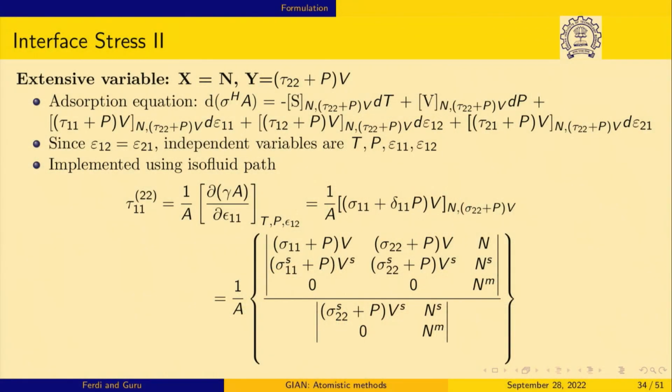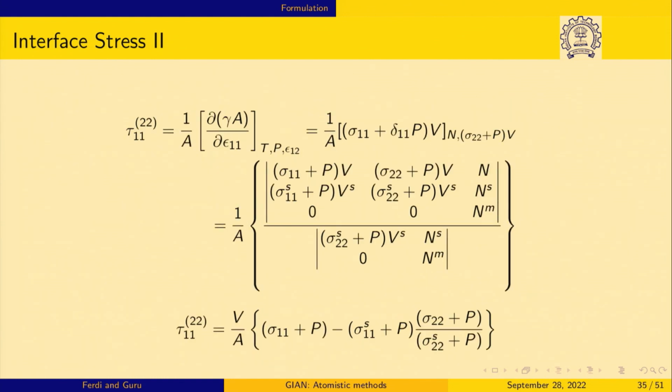And you can do another one which is called the isofluid path, and the independent variables are T, P, epsilon 11 and epsilon 12. We keep N and tau 22 plus P times V constant. So, after this it is algebra, you can keep on taking different things constant and come up with different paths to evaluate your interface stress.